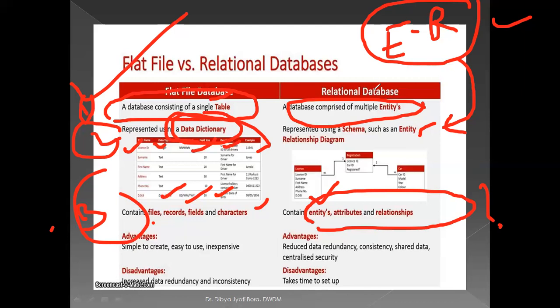You have worked with first normal form, second normal form, third normal form, BCNF, 4NF, 5NF. These different normalization techniques help us reduce data redundancy to a very great extent.